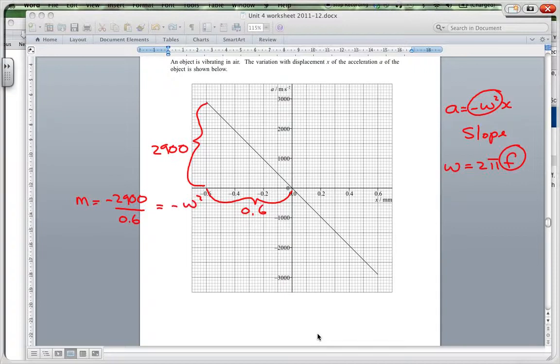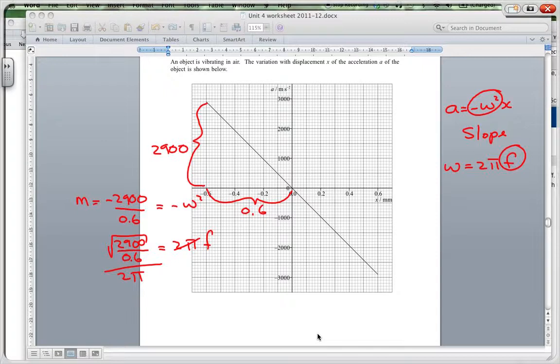So when we do that, we get our omega squared. So omega is equal to the square root of 2,900 divided by 0.6, and that's equal to 2 pi f. So divide this by 2 pi and we will get our frequency.